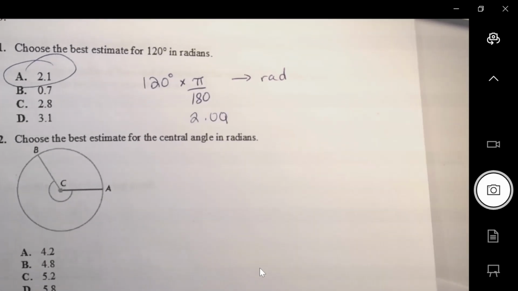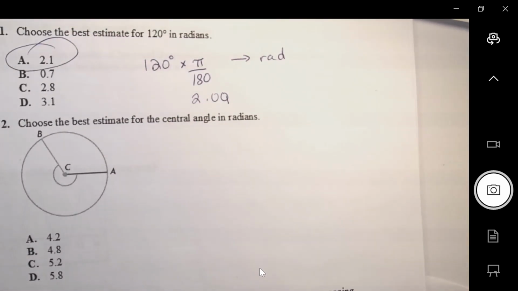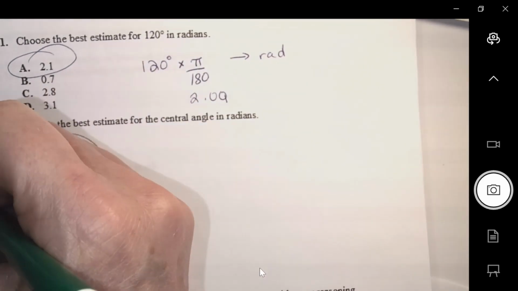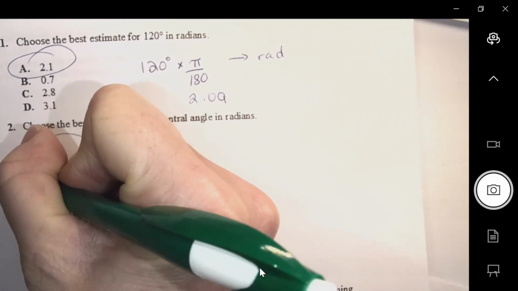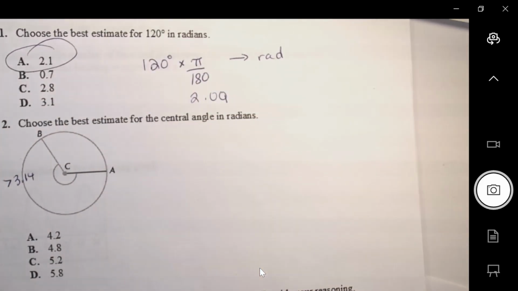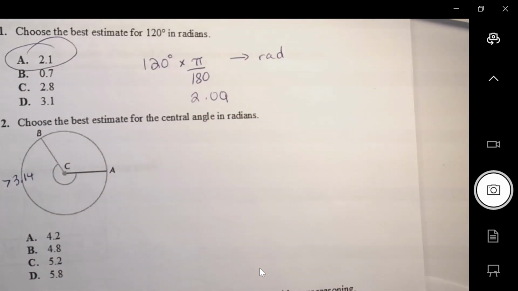Okay, how are you going to do number 2? You might think about, kind of know how many degrees that is, and then maybe you want to convert. Or some of you might know that pi is 180 degrees. So it's bigger than 3.14, right? Okay, what's your way? Maybe somebody probably wants to say, I know how many degrees that would be, right? How many degrees do you think that is? It's bigger than 180, and it's less than 270, right?